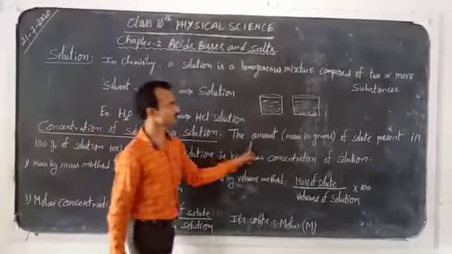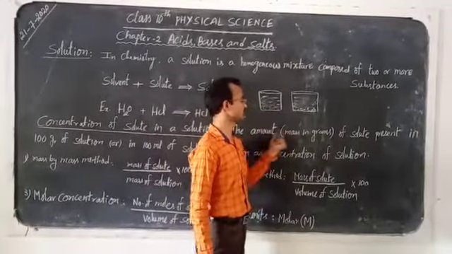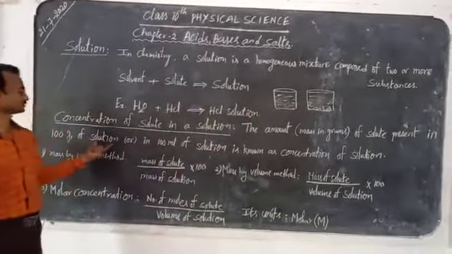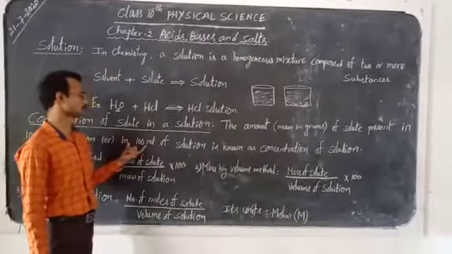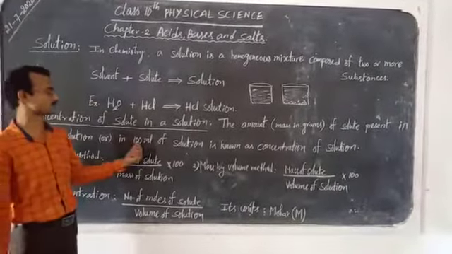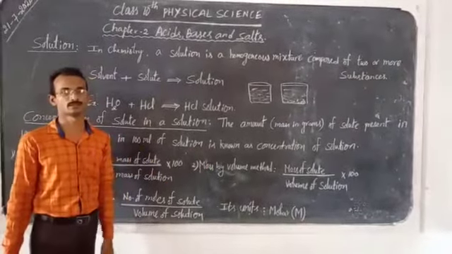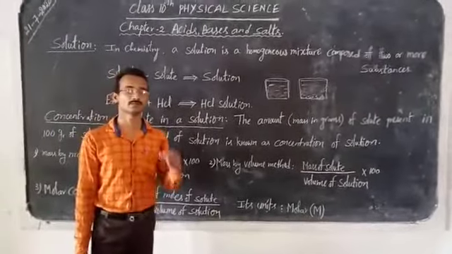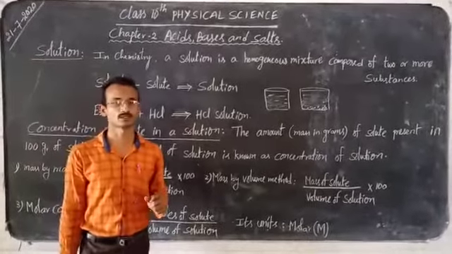The amount of solute, amount meaning mass in grams, present in 100 grams of a solution or in 100 ml of a solution is known as the concentration of a solution.